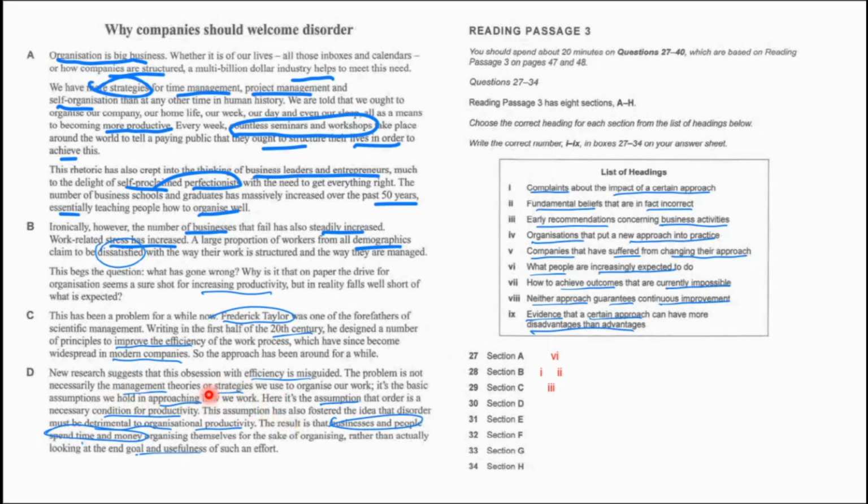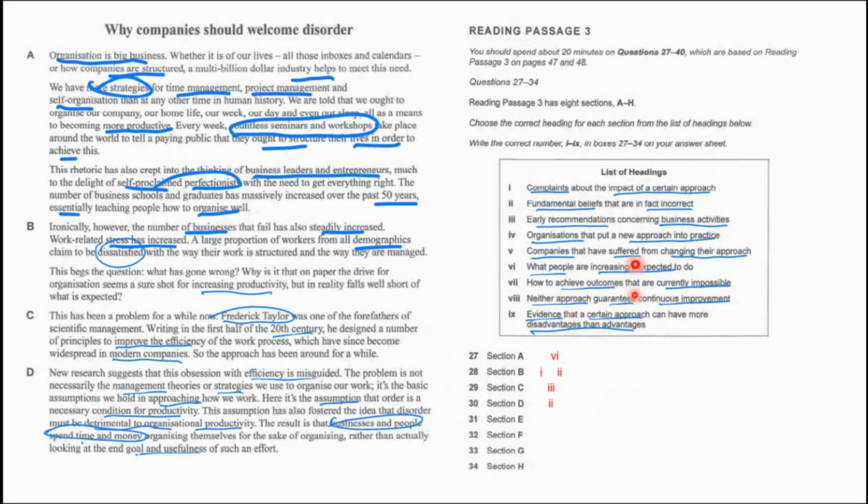So that means something we used to believe is true, like efficiency, we used to believe it's good, obsession with efficiency, but it is in fact a wrong thing. So the second could be our answer. So I just write down 2 in front of the 30th question just in case.